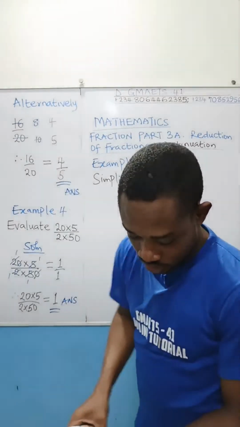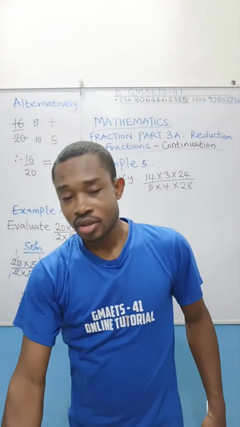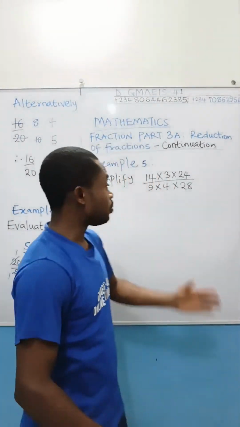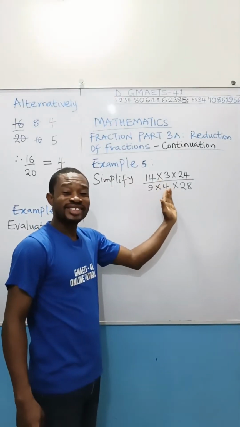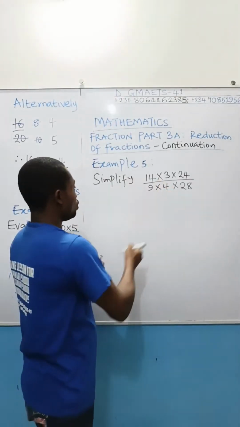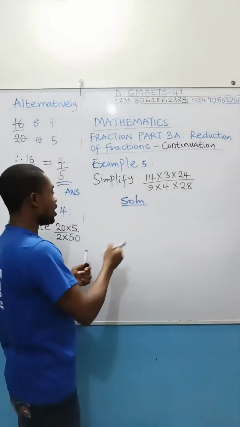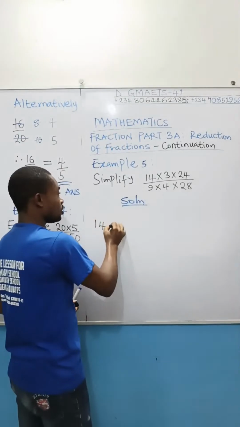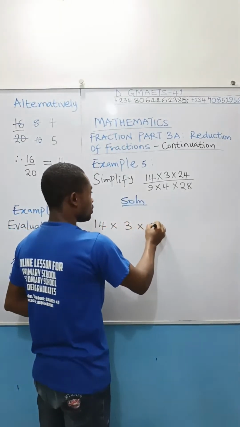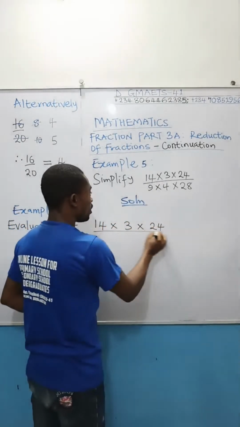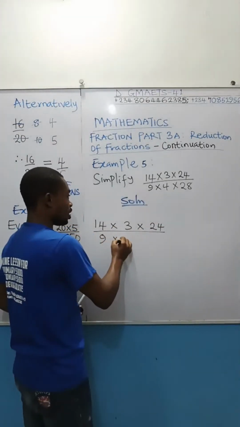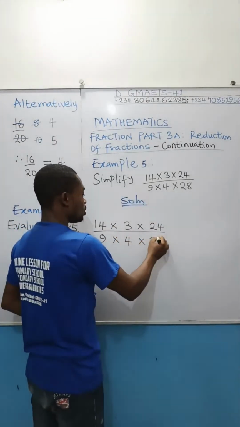So we are asked to simplify that expression on the board. Solution. We have 14 times 3 times 24 over 9 times 4 times 28.